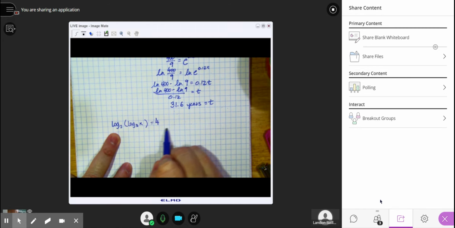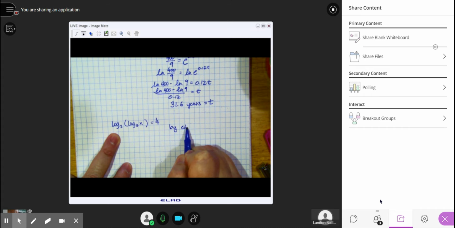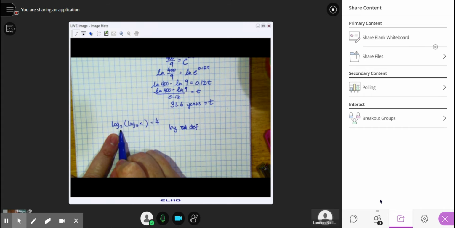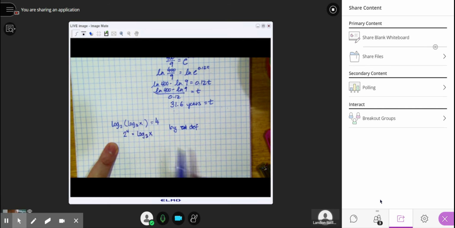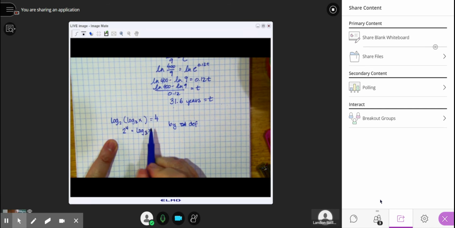And by definition, we know that 2 to the 4th power has to equal whatever the result is here. So 2 to the 4th power has to equal log base 3 of x. Two to the 4th power is 16.